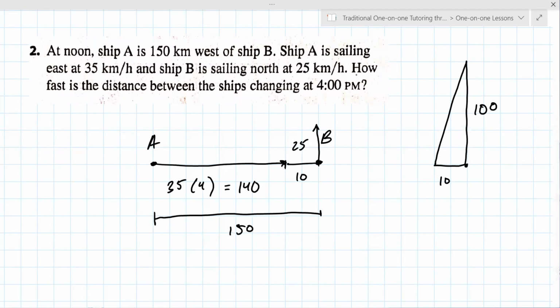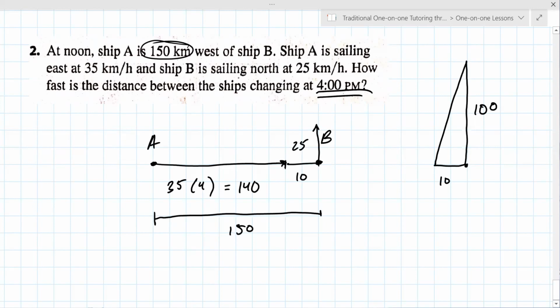It's a really good problem. At noon, this is what makes it really interesting, because they start further apart. Usually they start together, like two people walking away, but this is real life. One ship is approaching another ship that's moving away. And you have to realize where they actually are relative to one another at that time.